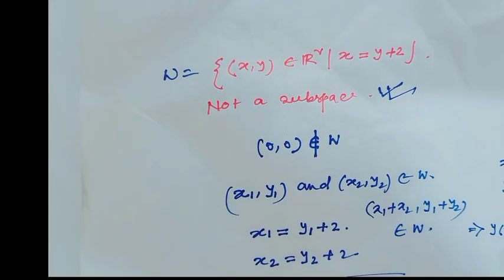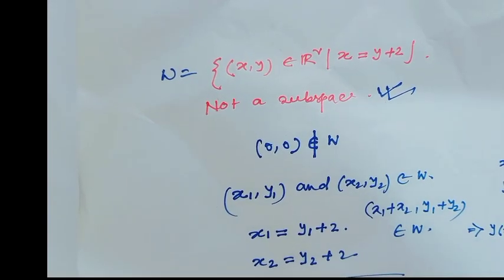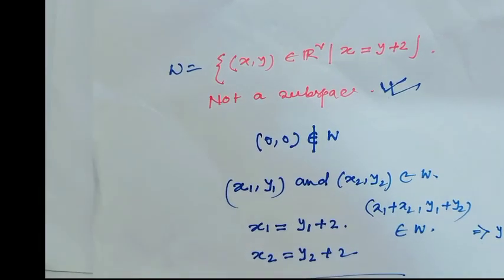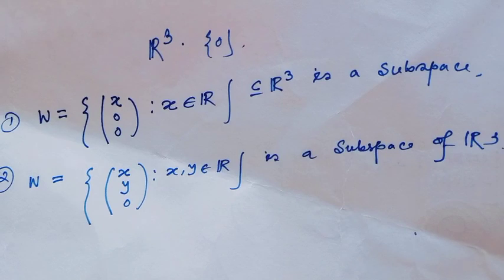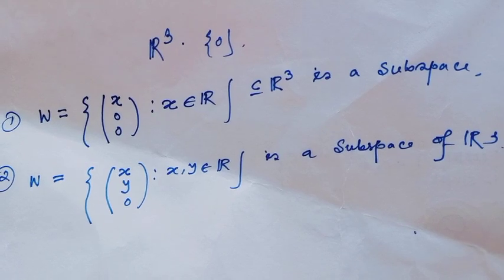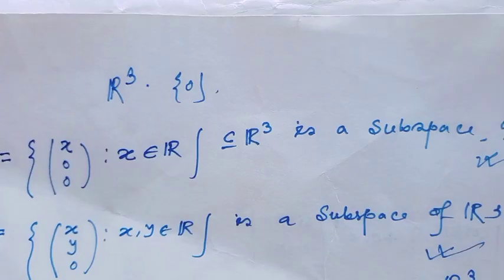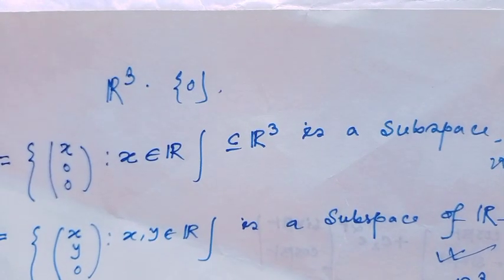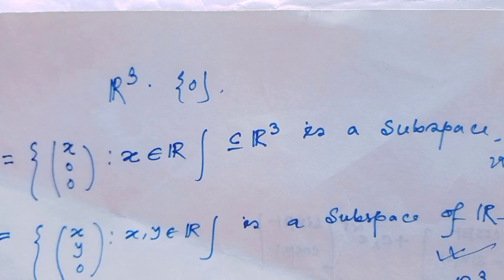I hope all my viewers have understood what the subspaces of R2 look like. Okay? Well, now we will consider R3. Obviously R3 is a vector space. Now we will see the subspaces of R3.